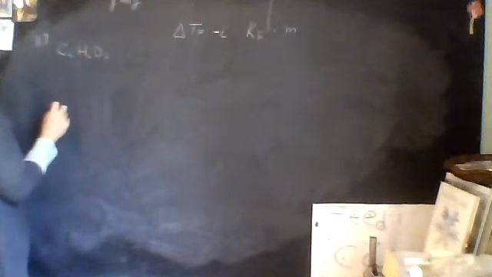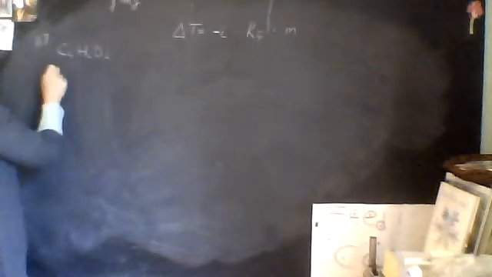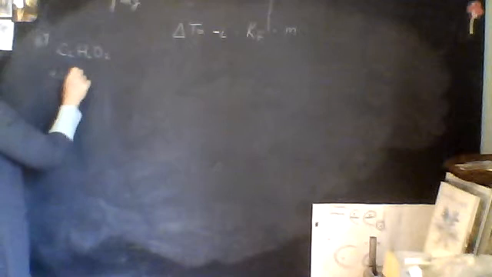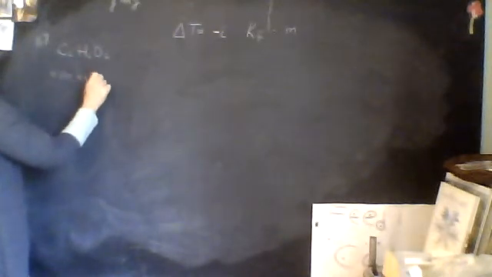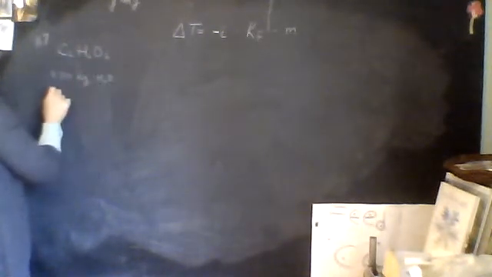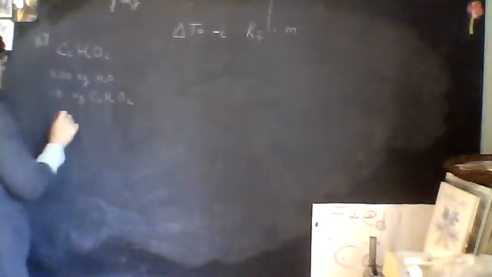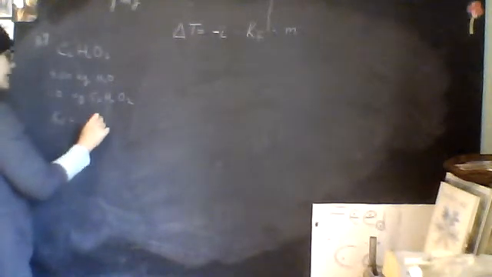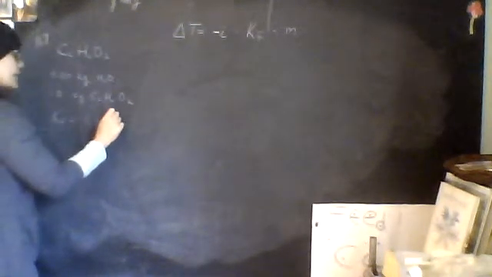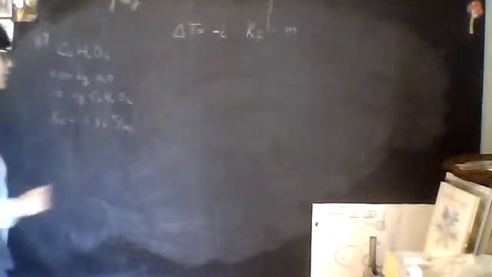What is the freezing point of a radiator solution made from 4.00 kilograms of water and 1.00 kilograms of ethylene glycol? Kf equals 1.86 degrees Celsius per molality.